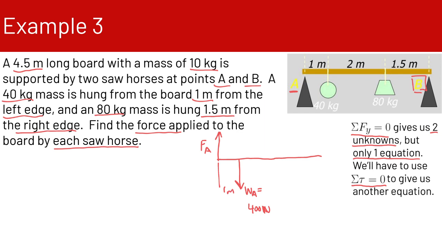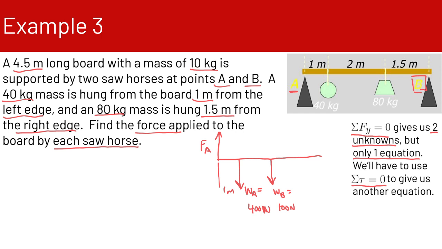Then we have the weight of the board itself. So the weight of the board hanging down is 10 kilograms times 10 newtons per kilogram. So this is the weight of the board, and that's equal to 100 newtons. And this is in the middle of the board.